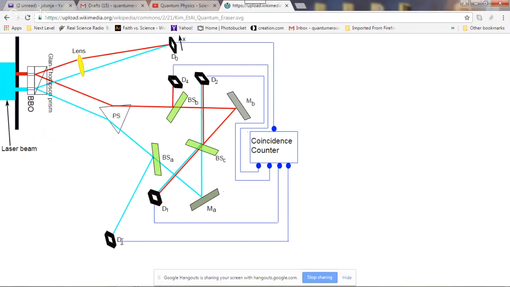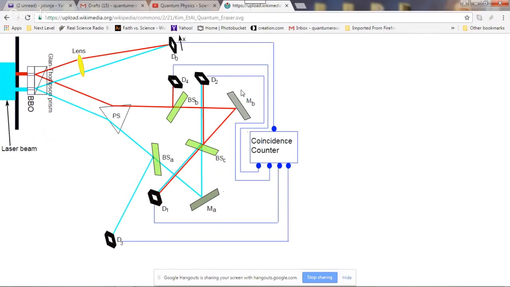And the same thing for D3. Due to the experimental setup, the only way that this detector can be hit in this experiment is if it came out of slit B. There's no way a photon from slit A can come out and hit D3. And there's no way a photon can come from slit B and hit D4. There's only one pathway to hit these detectors.